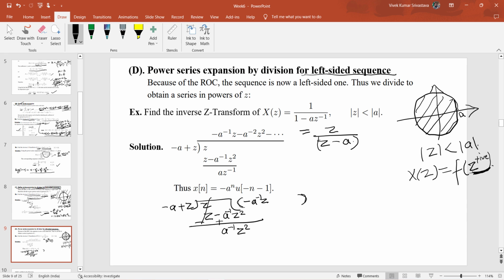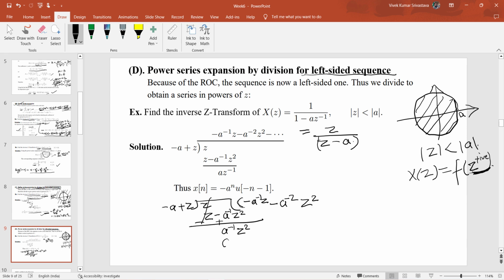Now you can again multiply this by a raised to the power minus 2, and z raised to the power 2.